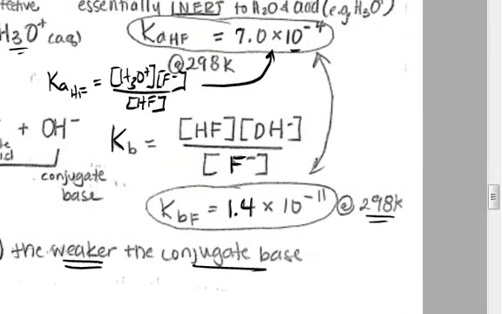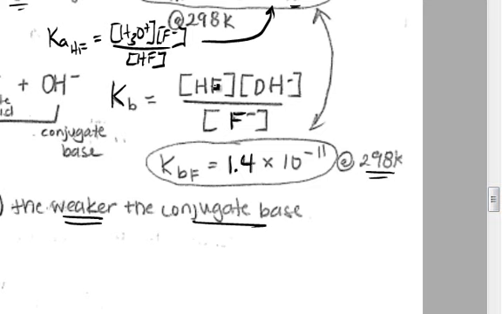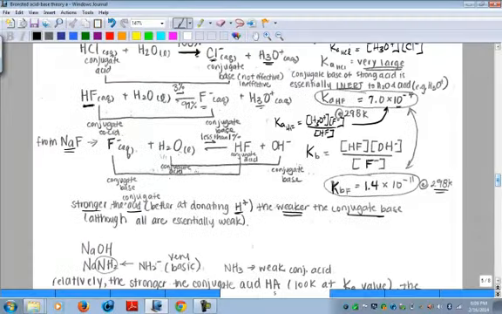Its conjugate base will also be weak, but you can see by using the Kw calculation, Ka times Kb equals 10 to the minus 14, that its conjugate base is even weaker as a base. It is very poor at accepting H pluses from water. It's poorer at accepting H pluses from water than HF is at donating H pluses to water, and you can just tell that from the relative K values.